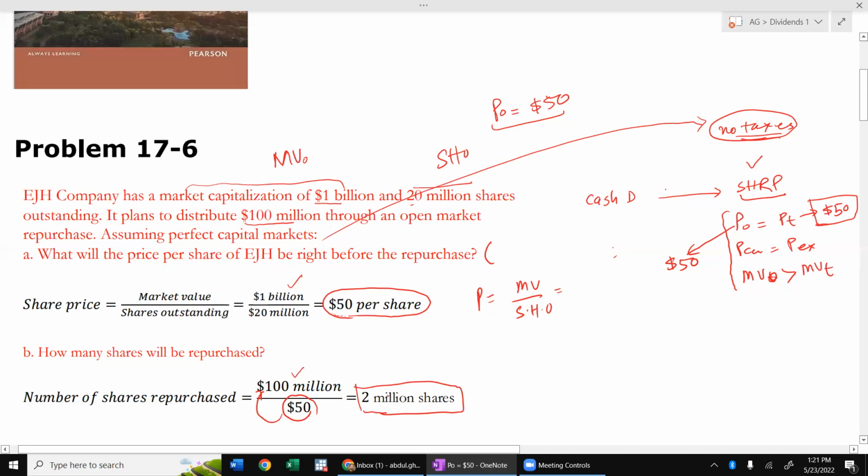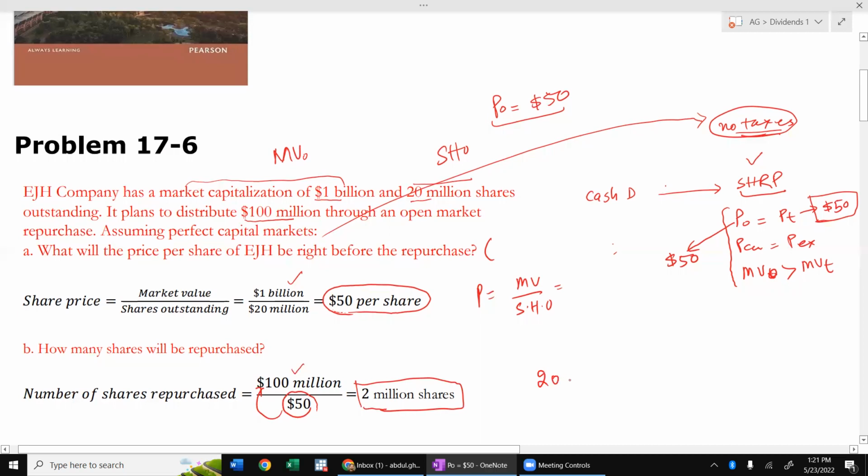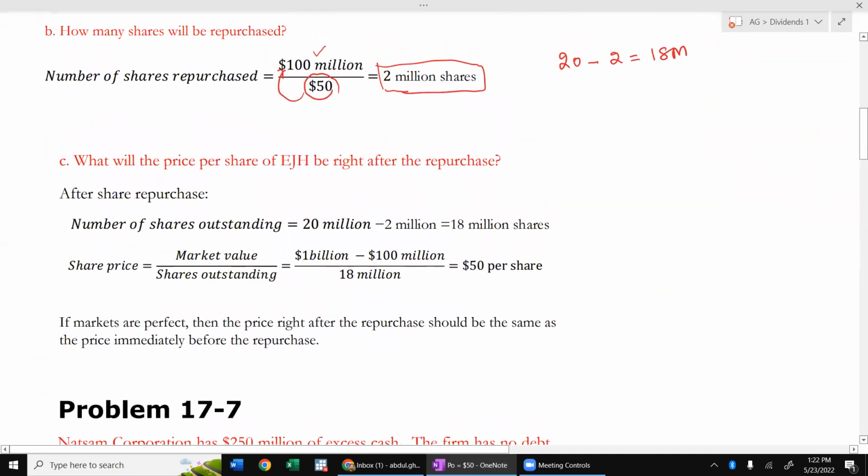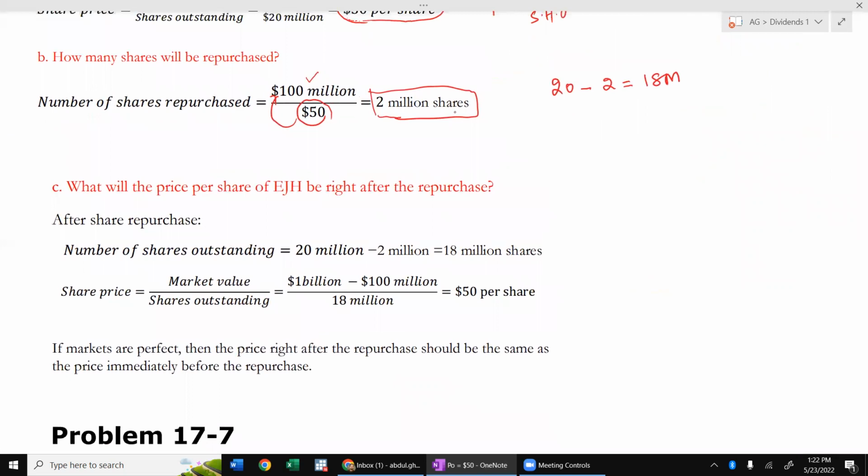Okay, so how many total do we have? We have 20 million total shares, 2 million we bought back. So how many remaining are there? 18 million. Okay, so how many shares will be repurchased? 2 million. What will the price per share of EJH be right after the share repurchase?